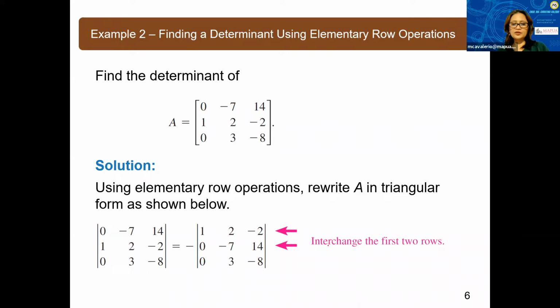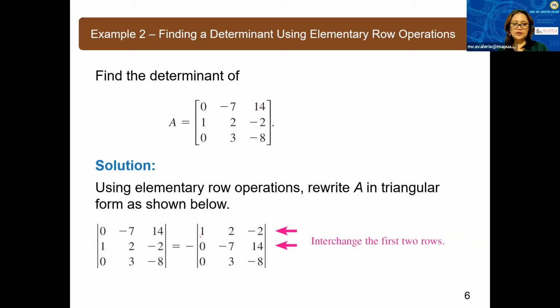Since we interchanged the first two rows, the resulting determinant will be negative. Now, since we already have a 1, 0, 0, the next thing to do in order to convert this to a triangular matrix is to make negative 7 equivalent to 1 and 3 to 0. So we need to perform additional elementary row operations, right?